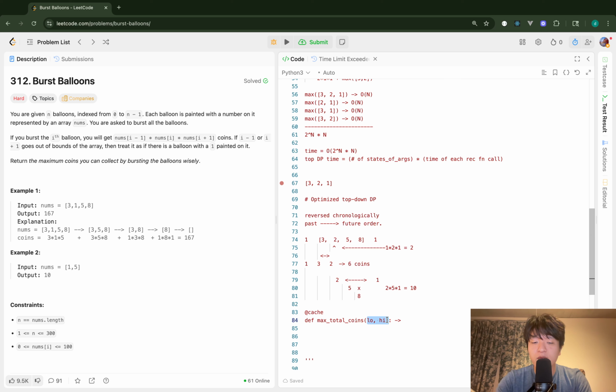But there is one thing I have to take care of when I think of this. Let's say I have range 5 and 8. Or maybe I can make it more clear with this. So when I take this or this or this as the last index, I can easily calculate the number of balloons, the number of coins I can get from here.